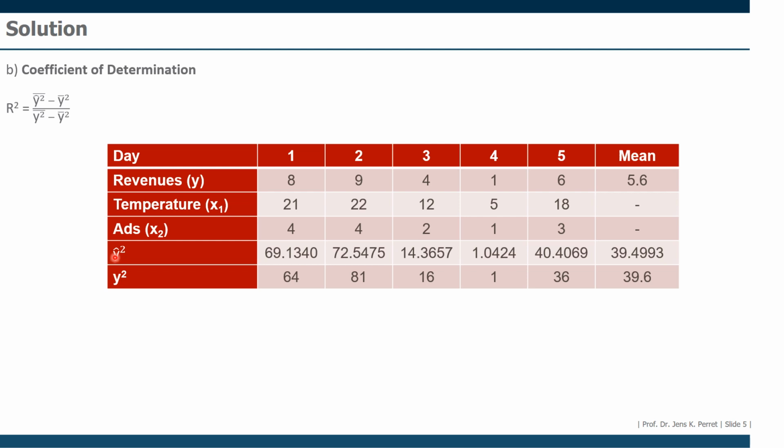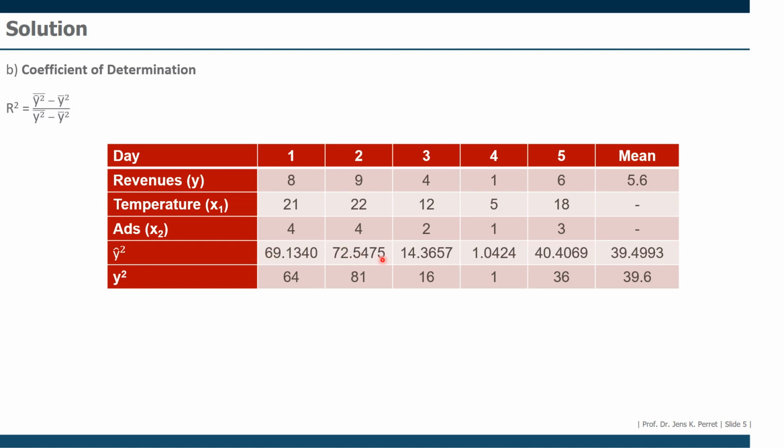What is y hat? Y hat is the value I get if I insert x1 and x2 in my regression line, the one I calculated on the slide before, and calculate an estimate for the original y. That's the y hat. This estimate I'm going to square, giving me these results.